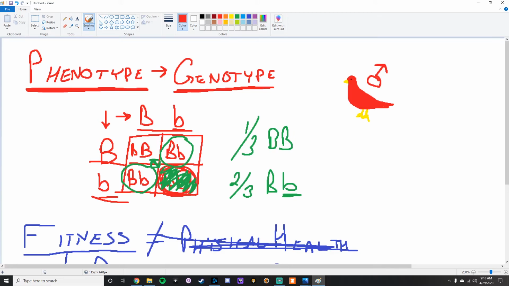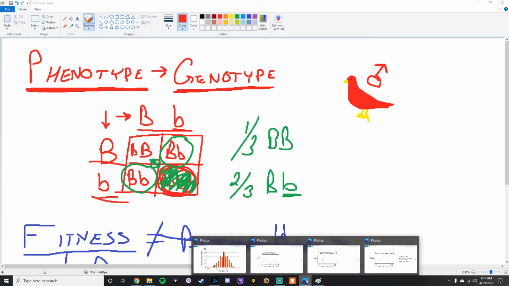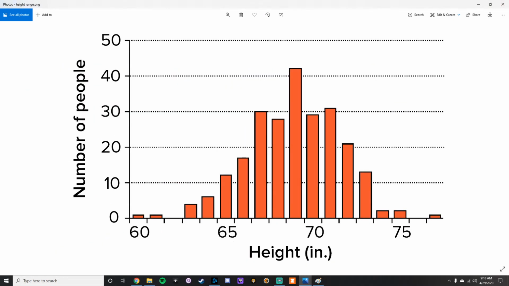So these are called polygenic traits, and they tend to form a spectrum. That spectrum looks like this. So if you plot the frequency on it, and we're going to look at height, number of people, right? So some people tend to be pretty short. Others, there are some that are pretty tall, but for the most part, people kind of fall into what we would consider to be average height. So like myself, I'm 6'2", so I am 74 inches.